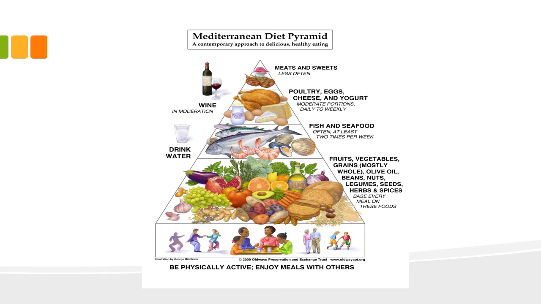Looking at poultry, eggs, and cheese, these are okay, just limiting them. And then meats and sweets. So, not saying that you can't have the steak if you want the steak or the chocolate cake if you want the chocolate cake. We just have these in smaller portions and eat them less often.